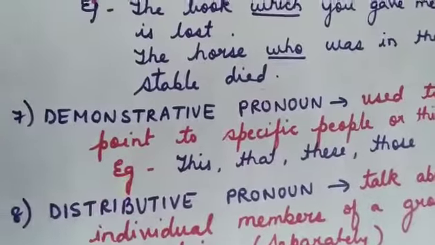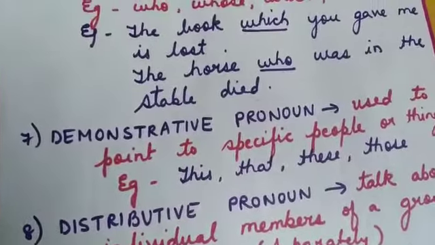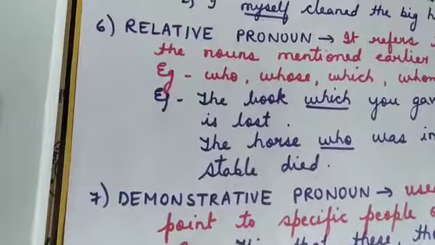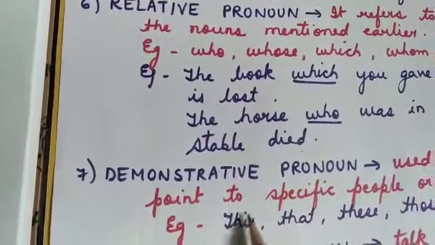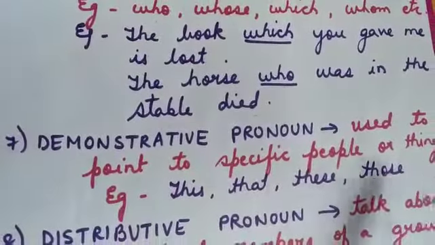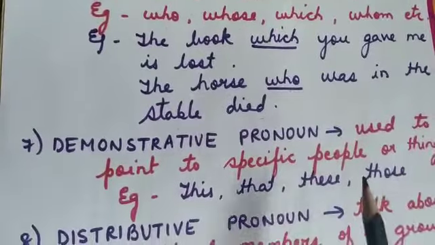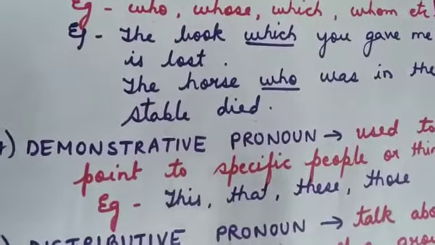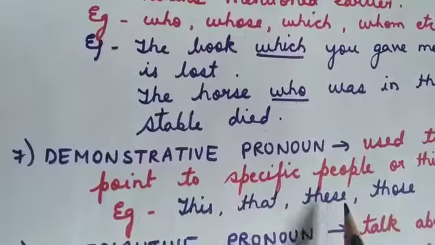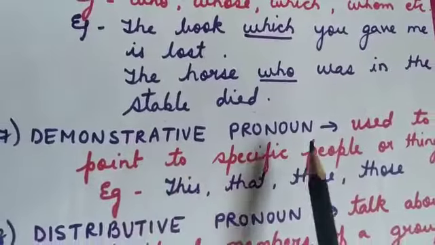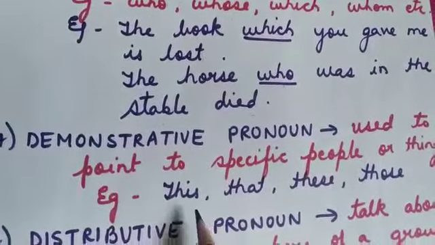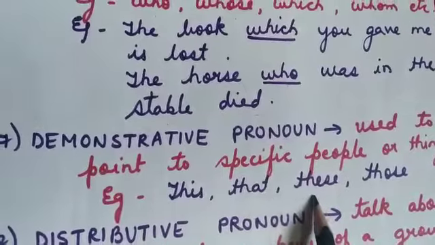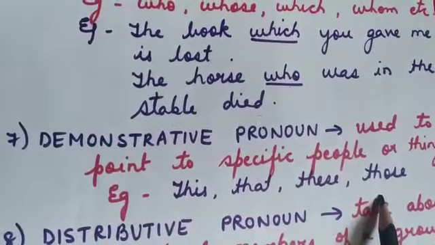Seventh one is demonstrative pronoun. It is used to point to specific people or things. Means when you are pointing at some specific people or things, then that type of pronoun are called demonstrative pronoun. Like this, that, these, those.